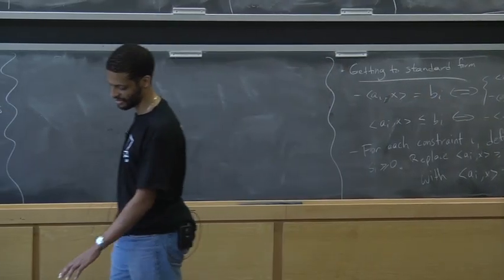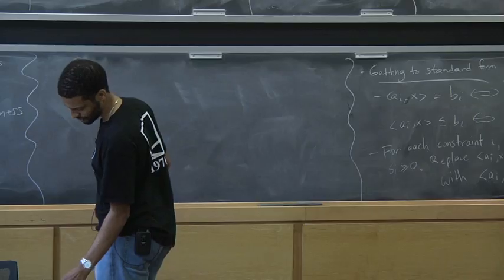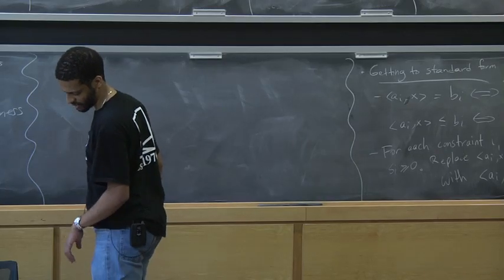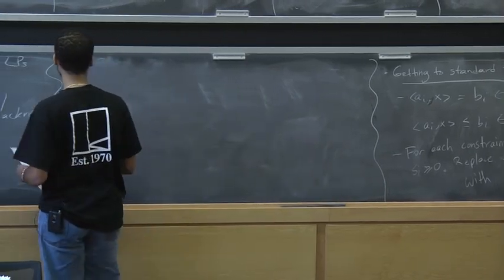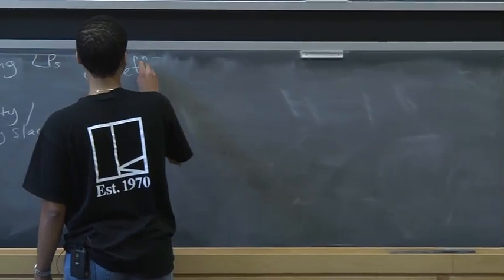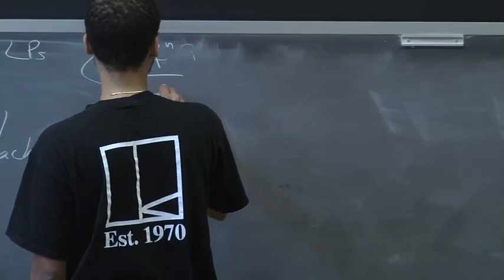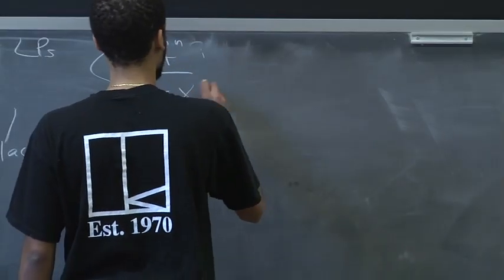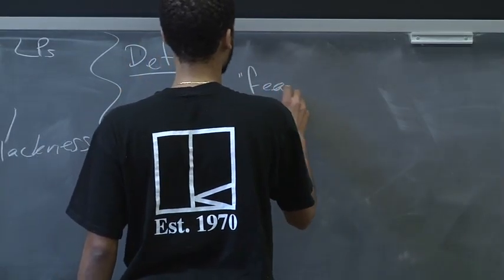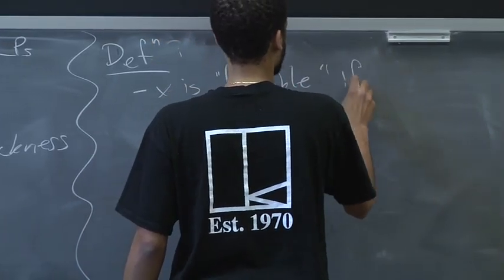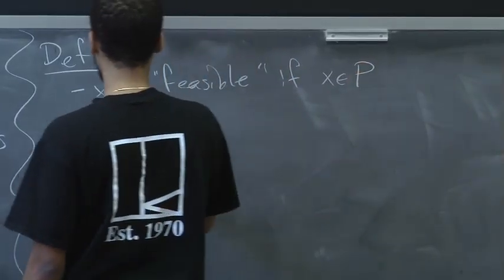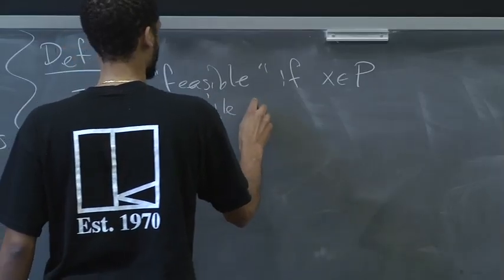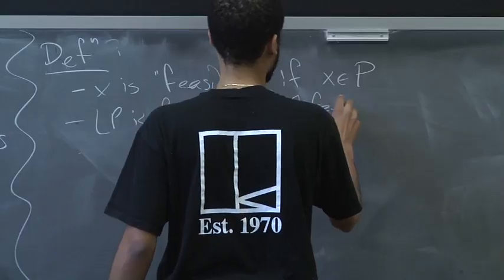Like, for example, why are they optimal? So first let me give some more definitions. I've been using this word, but I never really defined it. So x is feasible if x is in P, and an LP is feasible if there exists a feasible x.